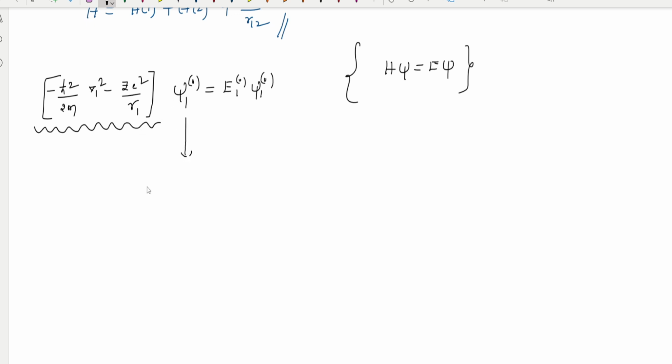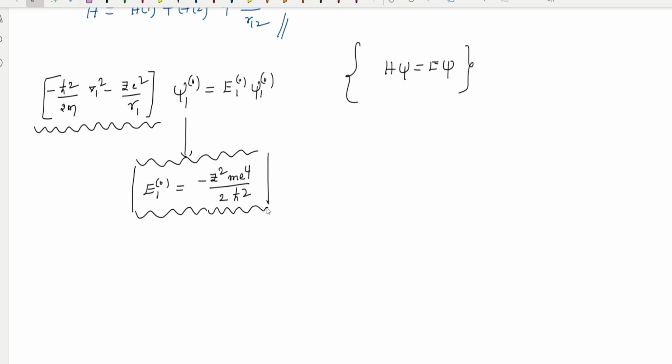The energy equals minus Z square m e to the power 4 divided by 2 h cross square. Many times we solve this type of equation.